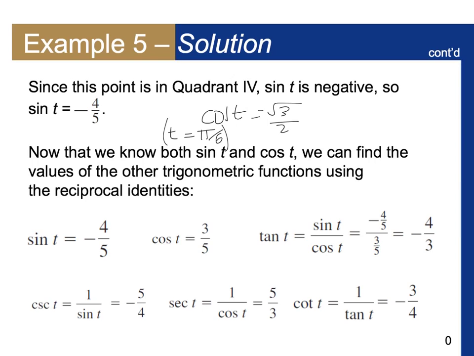Secant of t is the reciprocal of that, so that's 2 over square root of 3. But we've got to rationalize our denominator, so we multiply by square root of 3 over square root of 3. It's important that we rationalize for these trig functions. So 2 times the square root of 3 over 3 would be our answer. You have to rationalize your denominator when you have square roots in the denominator.